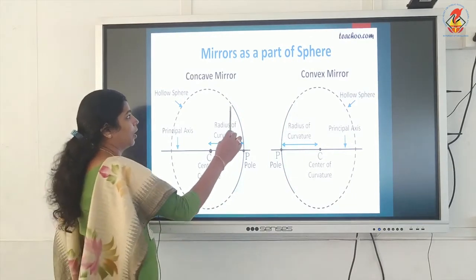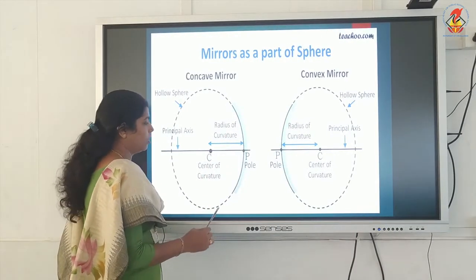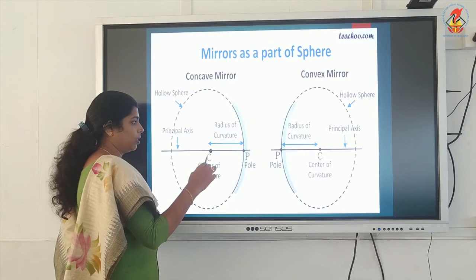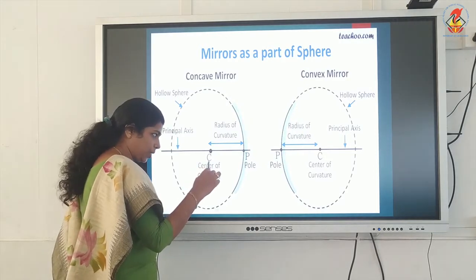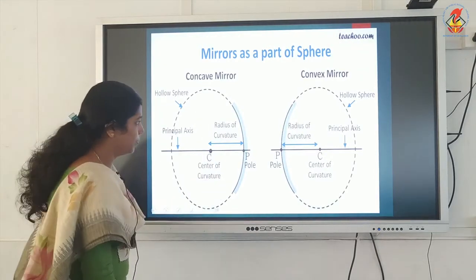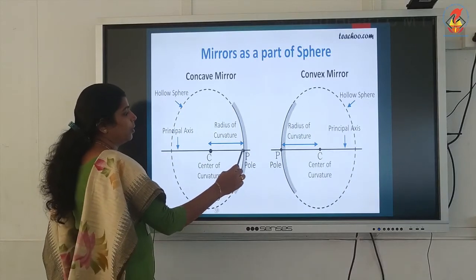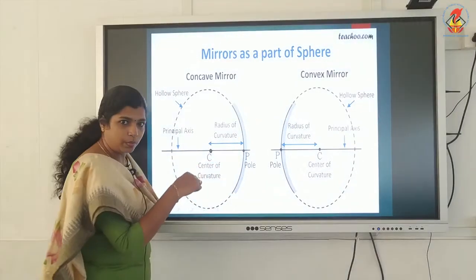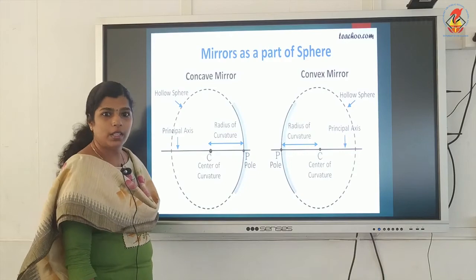So, it's a sphere, it's having a center. That center is known as the center of curvature. Now, a spherical mirror is a part of a sphere.